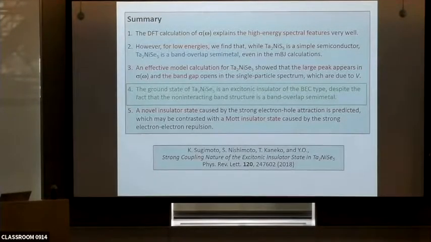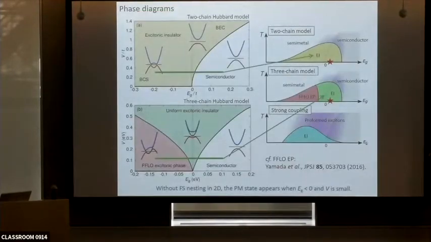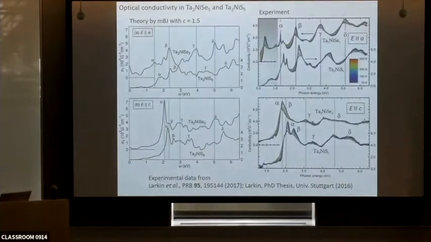I have a question. When you show the optical conductivity and the peaks alpha, beta, gamma, delta, how does the position of these peaks depend on this parameter C that you choose? Do you choose C to fit the peaks, or is it rather independent of this? If you increase this value, the peak shifts to the higher side.